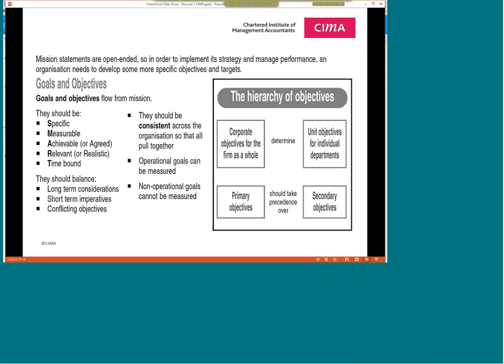So when you are creating goals and objectives, you are looking not only at the mission statement but at the main stakeholders and what their goals are, what they want from this particular organization. Not every stakeholder, but the key stakeholders for the business.